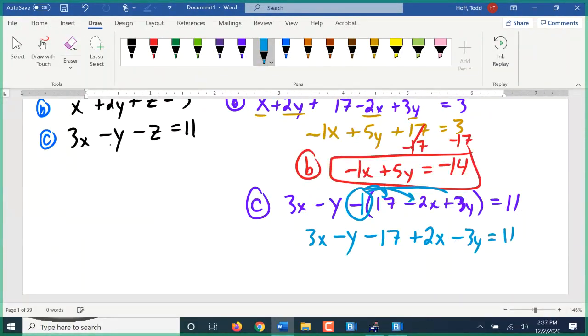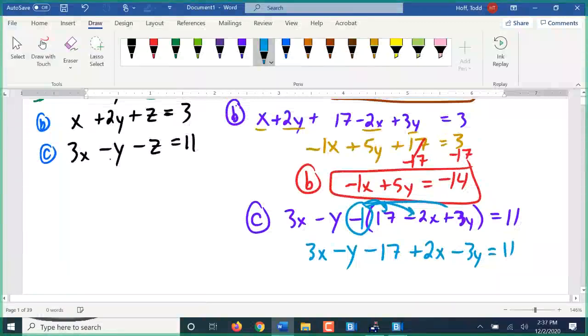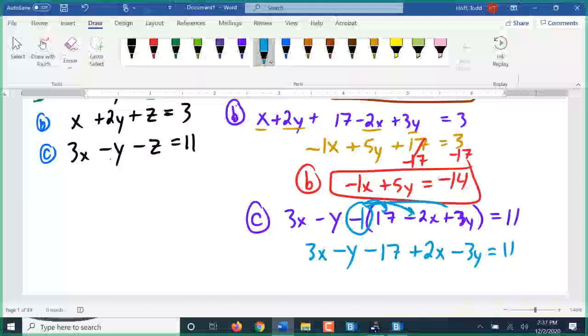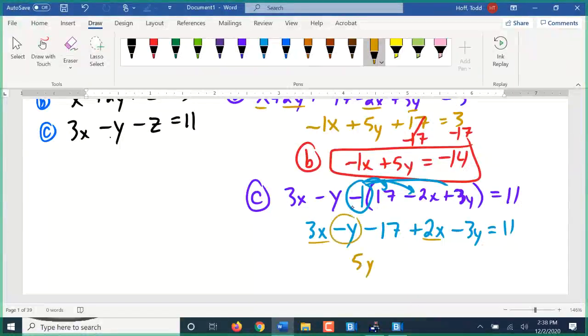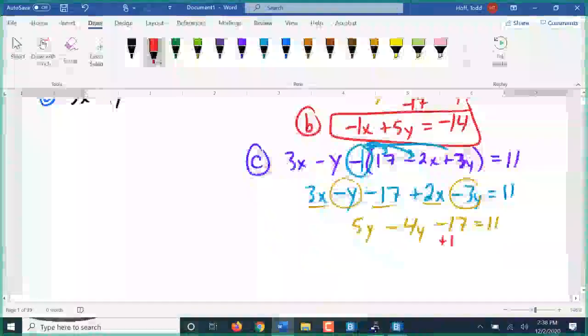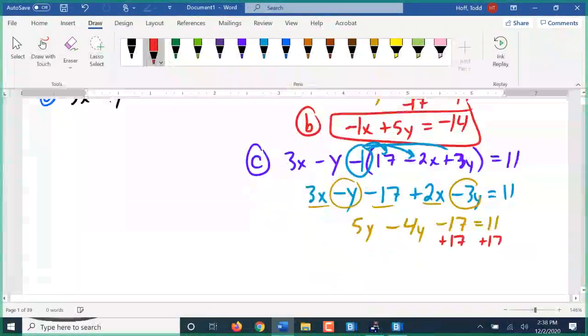Equals 11. So now we have some combining to do. We have the 3x and the 2x, 5x. Negative y and negative 3y is negative 4y. We have a negative 17 here equals 11. And now I'm going to add 17 to get rid of that, to put this in that proper form.